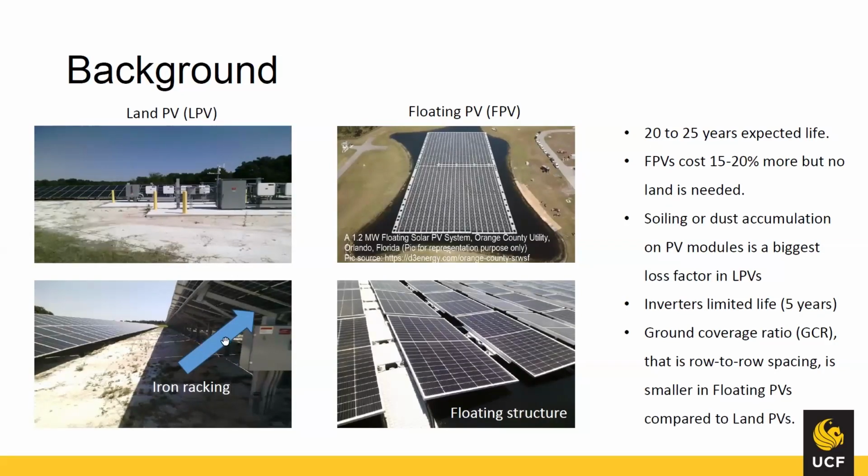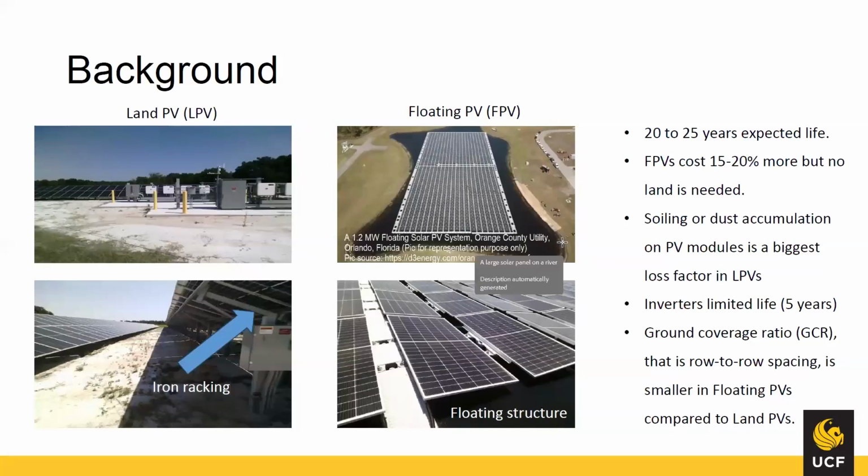Yes, the iron racking structure in the land PV field, and there is a floating structure in the floating PV. And in terms of life, the two PV systems could last from 20 to 25 years. That is the expected life. In terms of cost, yes, FPVs could cost some 15 to 20% more.